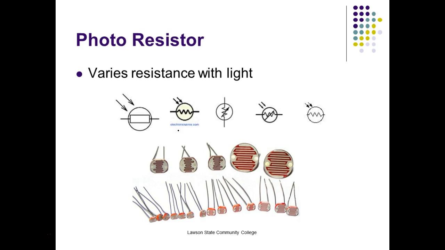So the next device that changes its resistance with what it measures is called a photoresistor. A lot of people call this a photocell. So here you go. I can look at these. Now the size of these things would determine how much current they can handle.